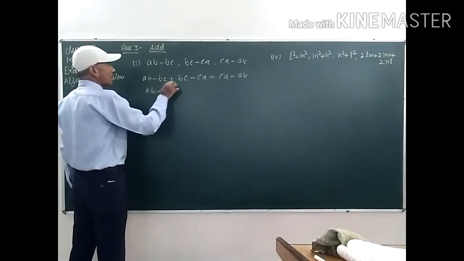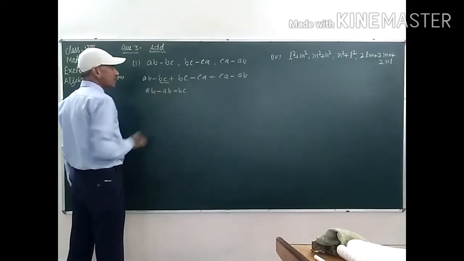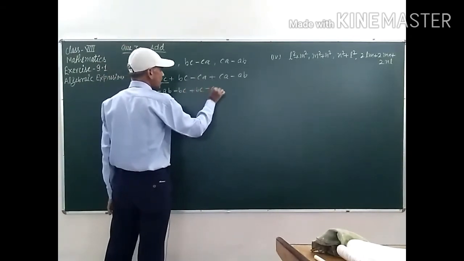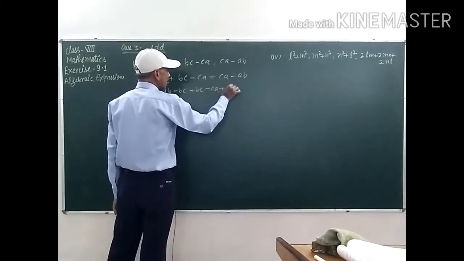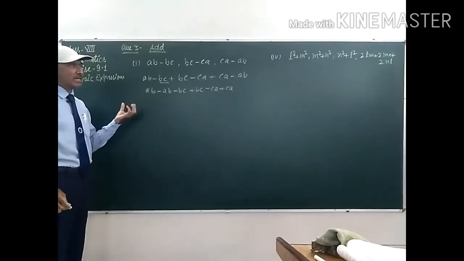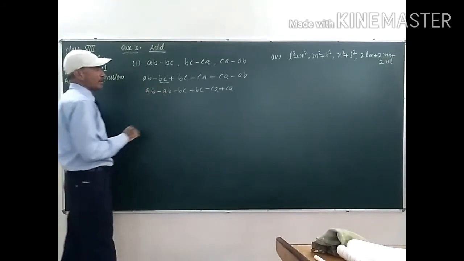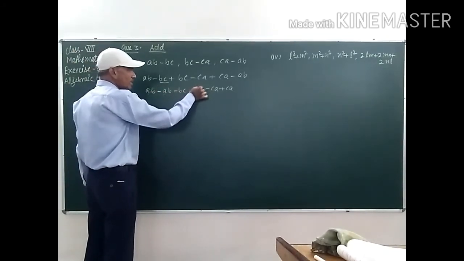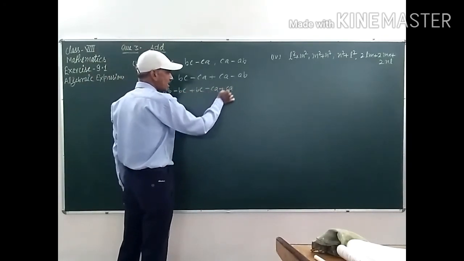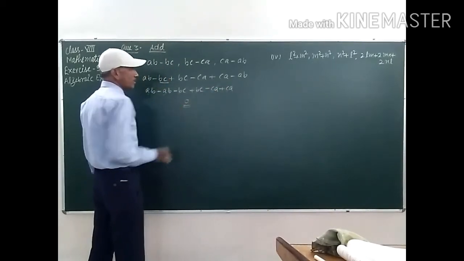Plus this one are minus BC, this second, plus BC, and third minus CA and plus CA. लाइक टर्म्स को स्टूडेंट हमने एक तरफ कर लिया, एक साथ कर लिया. फर्स्ट AB माइनस AB कैंसिल, minus BC and plus BC, this one also cancel, and minus CA plus CA, it is cancelled, therefore it is 0. Answer is 0 here.